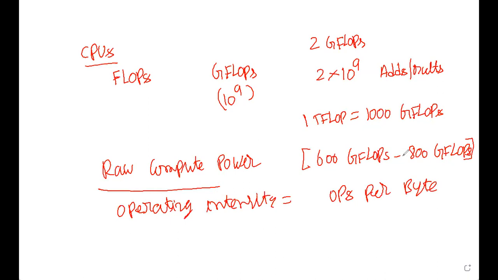Ops per byte of data. For example, in the VAD example, vector add, we bring 2 array elements, 8 bytes, and we do 1 addition. So we said the compute intensity or the operational intensity is 1/8 in the case of VAD. This is the example that we have been working with.